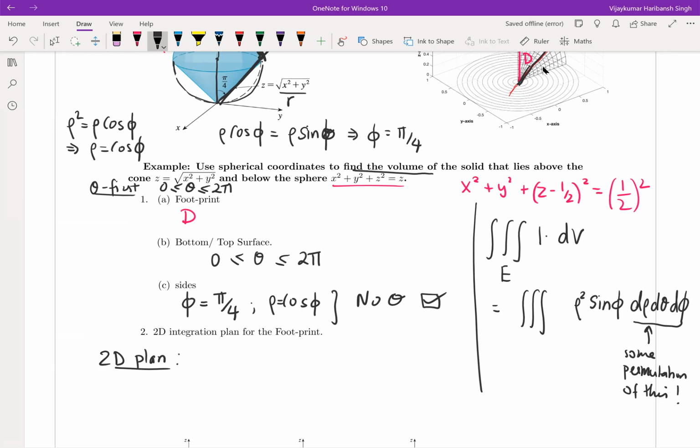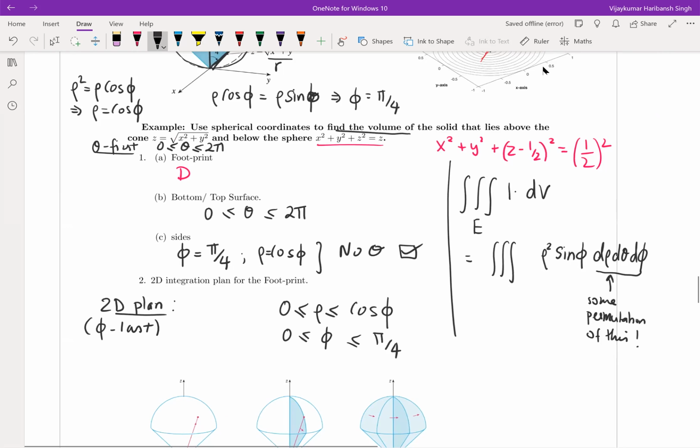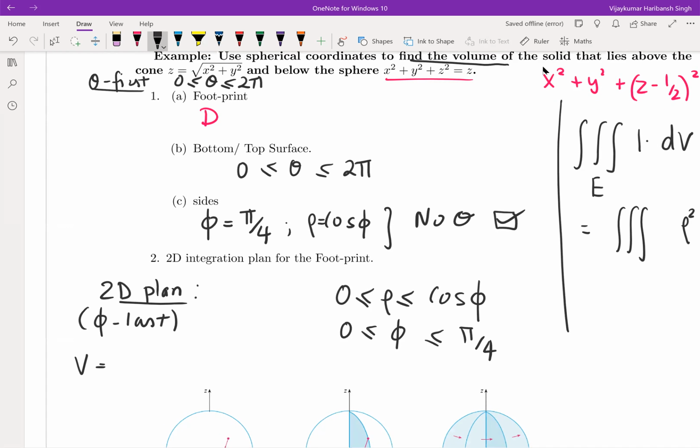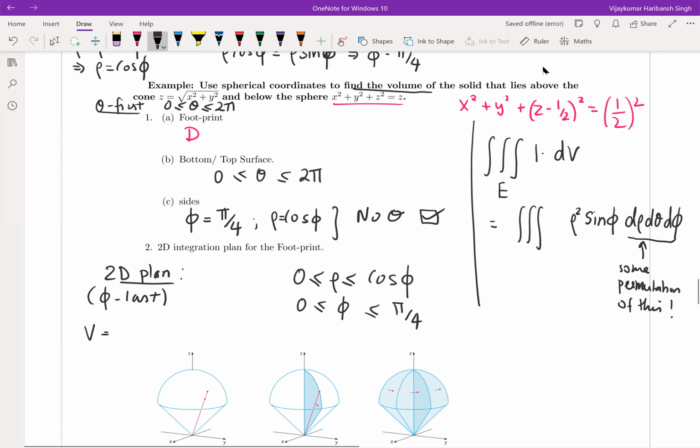We can see that rho is between 0 and cos phi, and phi is greater than or equal to 0 and less than or equal to pi by 4. So we'll do phi last. Therefore, the volume V is given by the integral with limits as follows. We are integrating 1 times rho squared sine phi, which is the volume element. First we integrate with respect to theta, from 0 to 2 pi d theta.